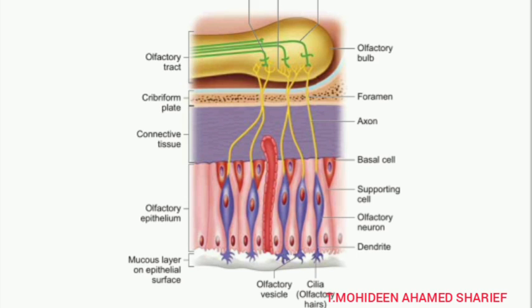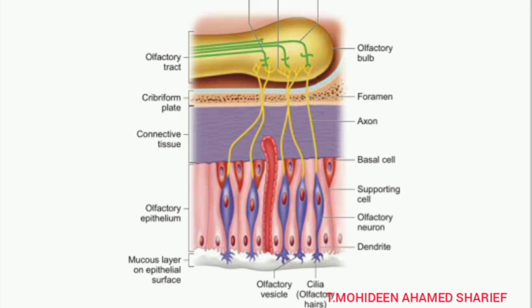Next, we will see about the mechanism of hearing. Sound waves entering the external auditory meatus fall on the tympanic membrane. This causes the eardrum to vibrate, and these vibrations are transmitted to the oval window through the 3 auditory ossicles. Since the tympanic membrane is 17 to 20 times larger than the oval window, the pressure exerted on the oval window is about 20 times more than that on the tympanic membrane.